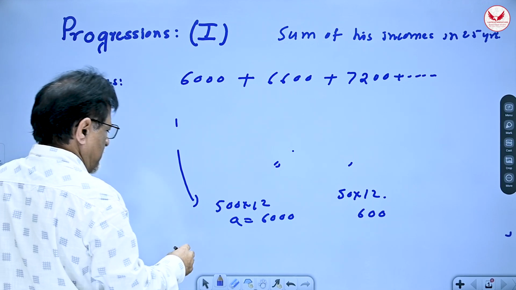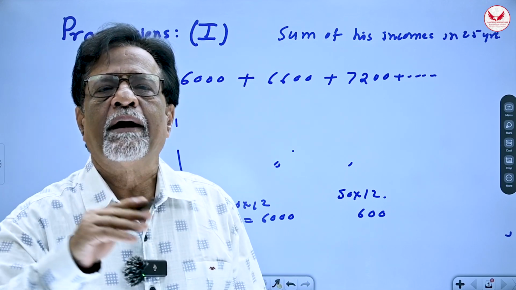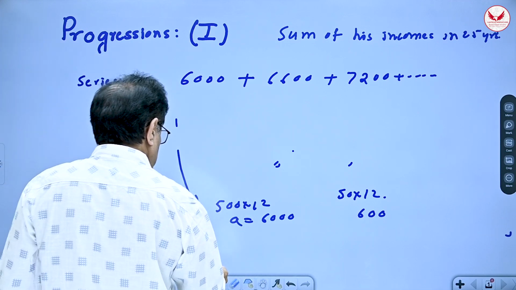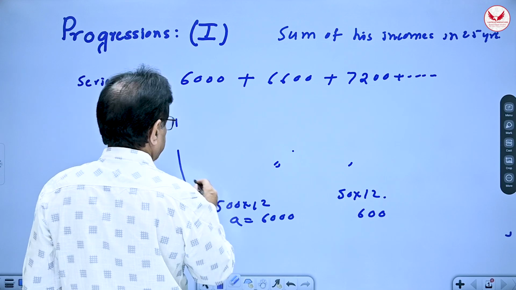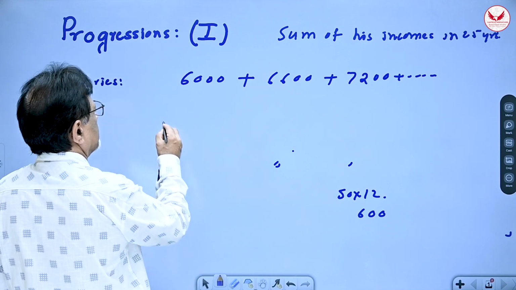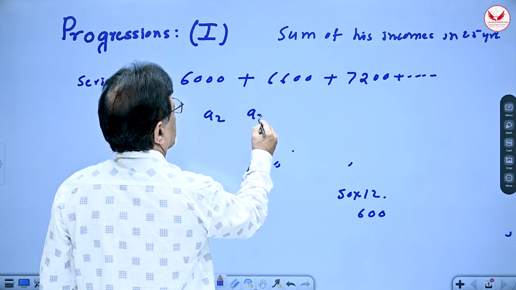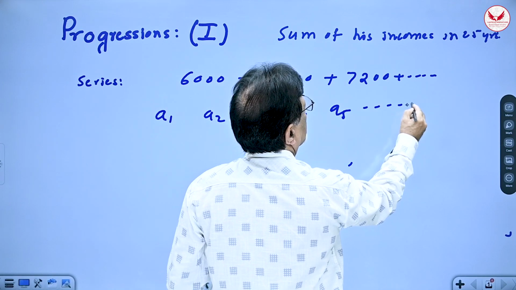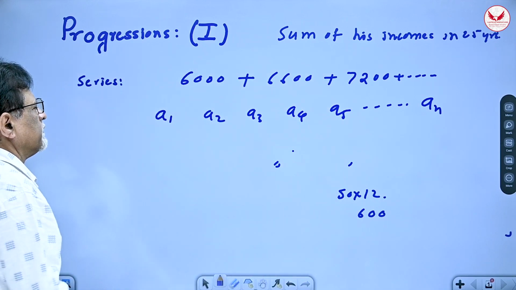What is a series? Series is just another sequence that we obtain by adding first n terms of the previous sequence. Okay. So suppose I have a sequence like this. Let us say A1, A2, A3, A4, A5 and so on till you reach N. Any sequence, may not be arithmetic progression.